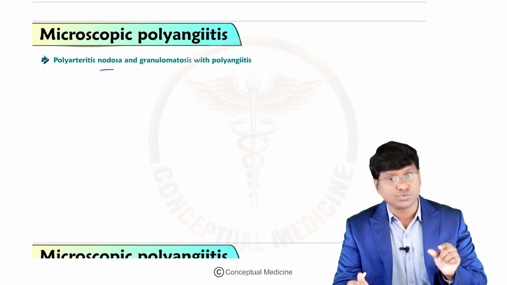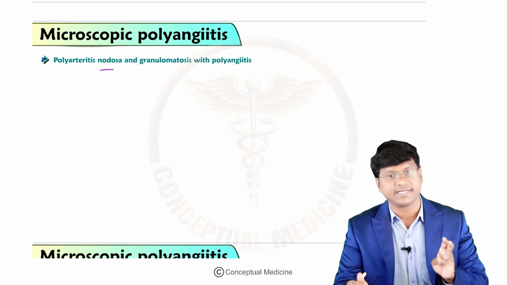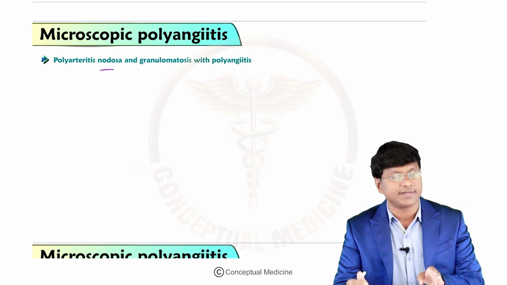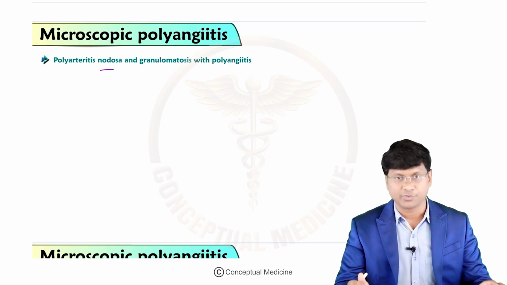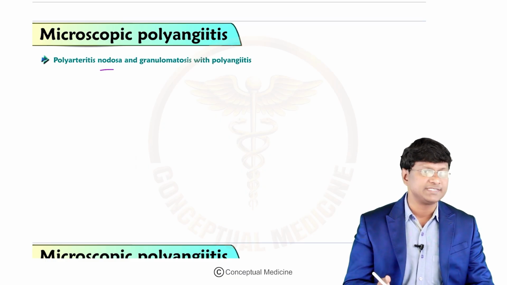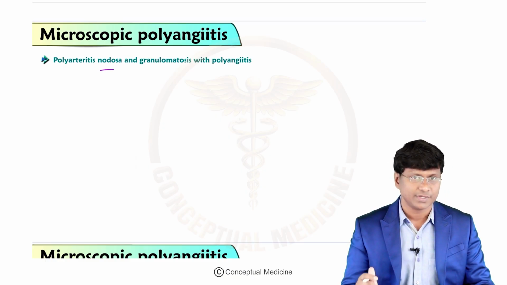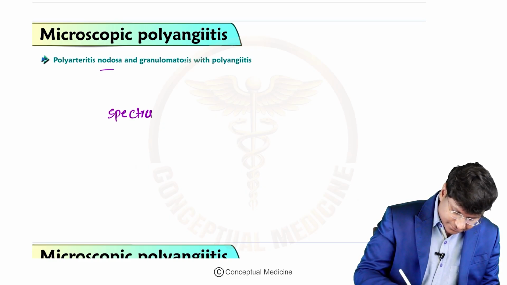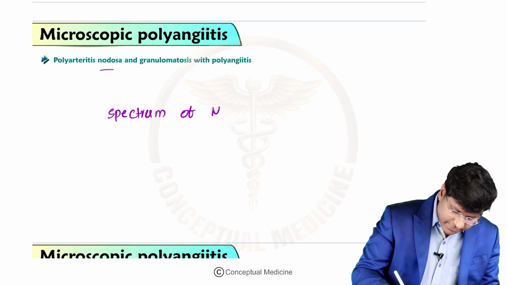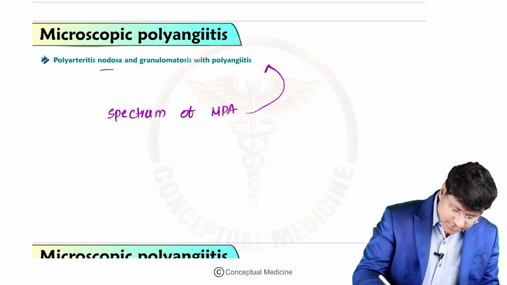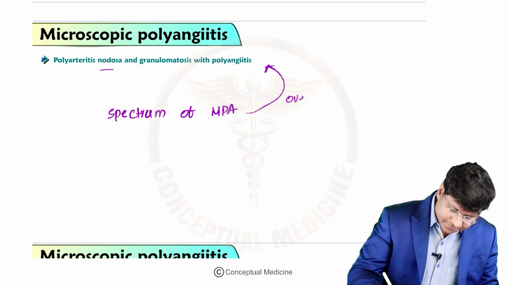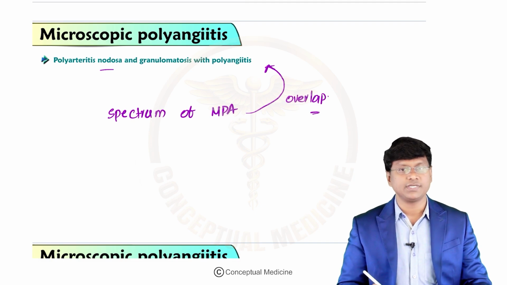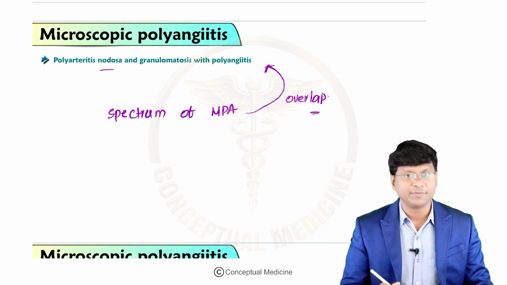And because it tends to affect the capillaries within the lungs and kidneys, its spectrum overlaps those of both polyarteritis nodosa and granulomatosis with polyangiitis. Granulomatosis with polyangiitis is nothing but Wegener's granulomatosis.